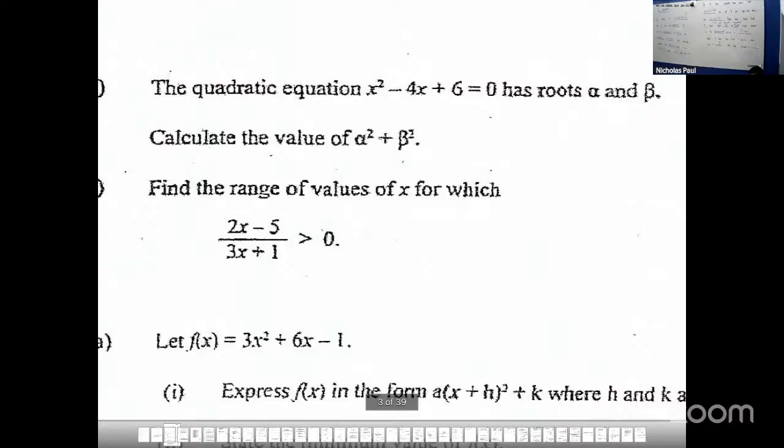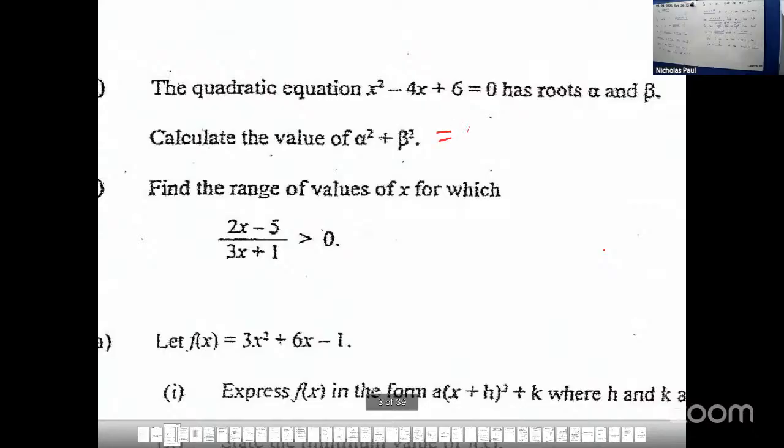So of course, you need your formula for alpha squared plus beta squared. Let's go back and get it. How do we find alpha squared plus beta squared again?